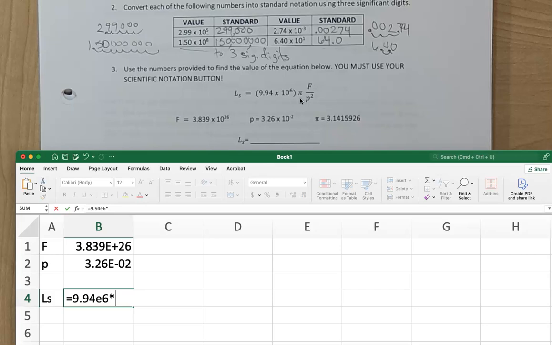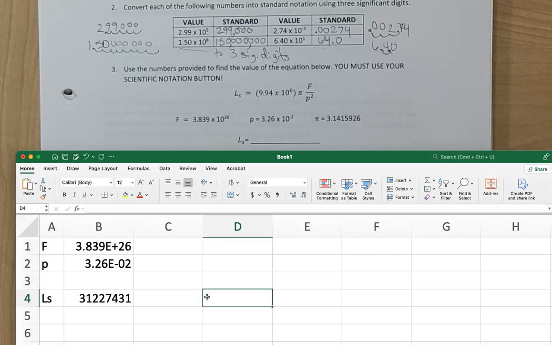But there's a nice shortcut programmed into basically every spreadsheet: just type pi and then open and close parentheses. That tells the program to go grab the value of pi and stick it in right there. Let me show you: equals pi, open close parentheses, and it grabs the value of pi and sticks it in.